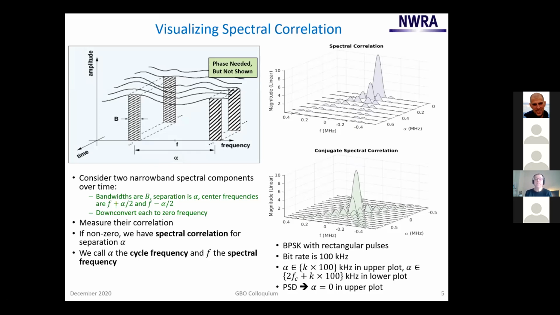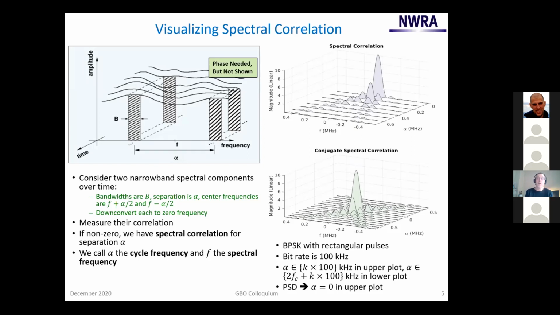You can see the functions as functions of F are continuous, right? The parameter varies smoothly across F. But for cycle frequency, it's a discrete parameter. There's only a few cycle frequencies for any signal. A lot of different spectral frequencies can have energy, but only a few cycle frequencies.